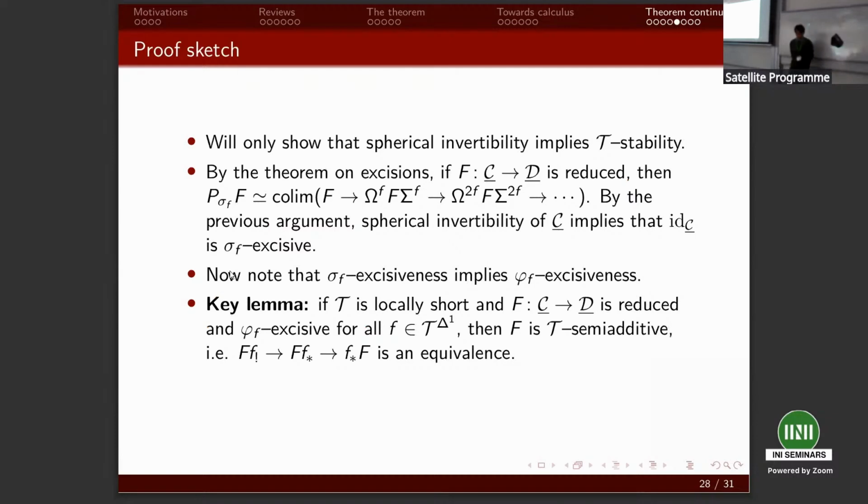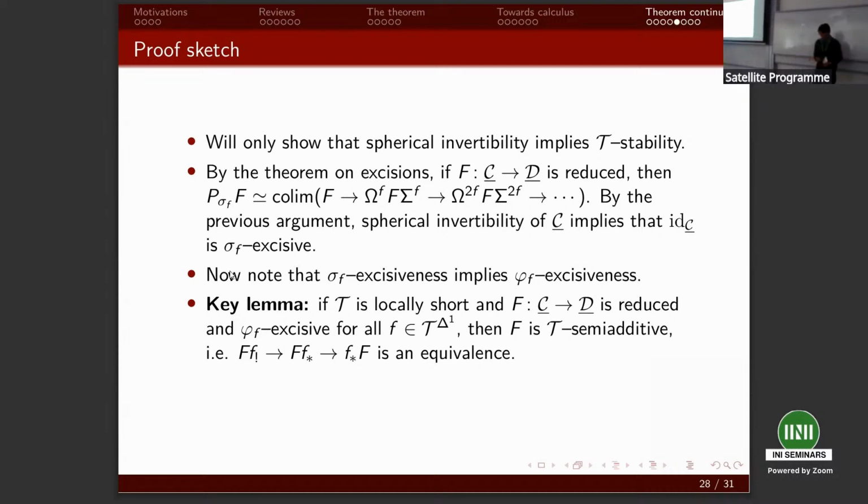Now, the key lemma, which I'm not going to explain the proof of, is the parametrized cubical induction. This is where the word local shortness comes in. And it says that if your functor is reduced and it is phi F excited, then your functor is T semi-additive, meaning to say it takes indexed coproducts to indexed products. It is the key cubical thing that I didn't know how to run away with. One has to do this.